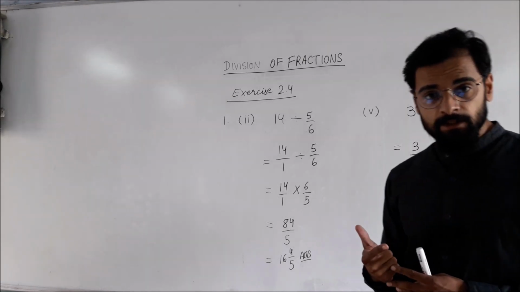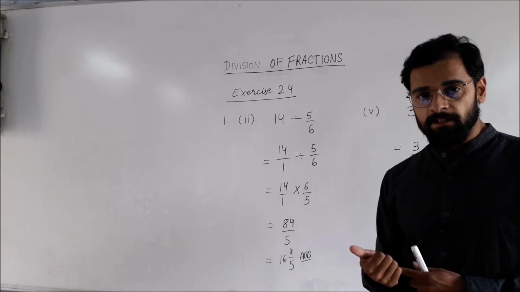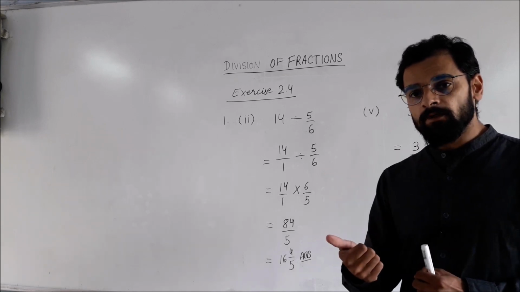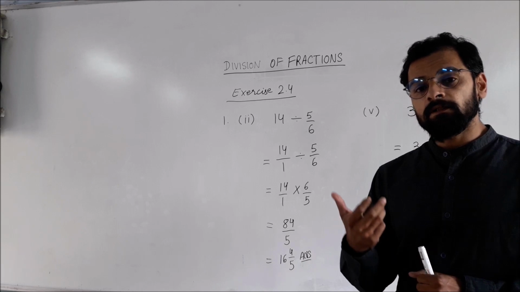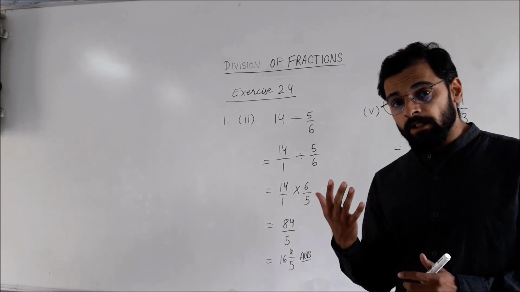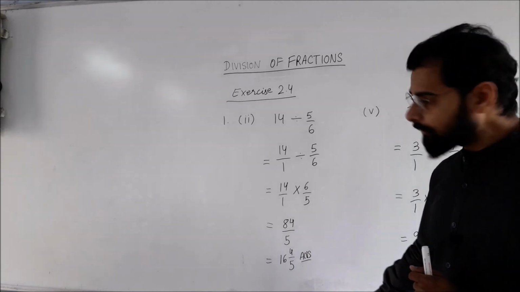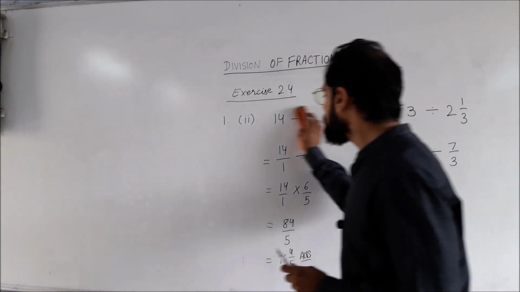In the second question, we are given some fractions and we have to find their reciprocals. After finding their reciprocals, we have to tell whether the number we are getting is a proper fraction, improper fraction, or a whole number. Okay, let us do its first part.